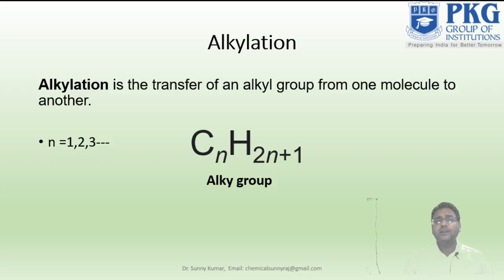If you put n equal to 1, it will be CH3. If you put 2, it will be C2H5. This will be the alkylation.